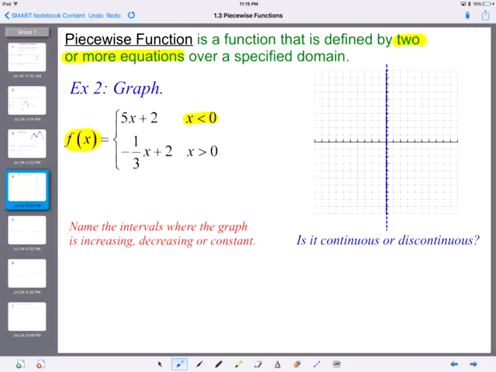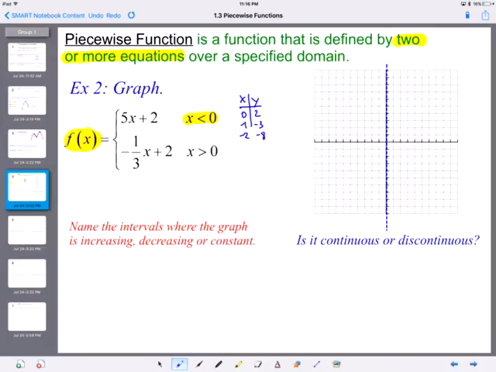So 5x plus 2, knowing that I can only use 0, -1, -2, and since it's linear, I really only need 2 points. So if I plug in 0, 5 times 0 is 0, 0 plus 2 is 2, -1 would be -3, -2, that would be -10 plus 2 is -8.